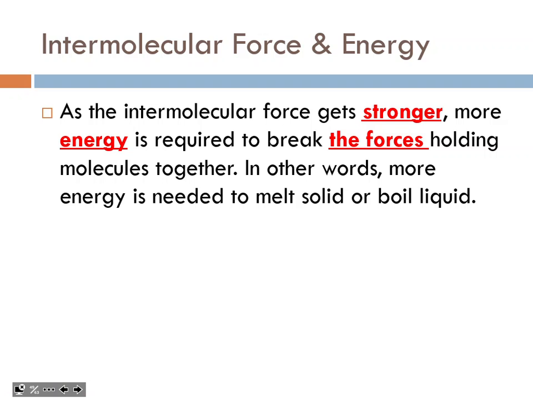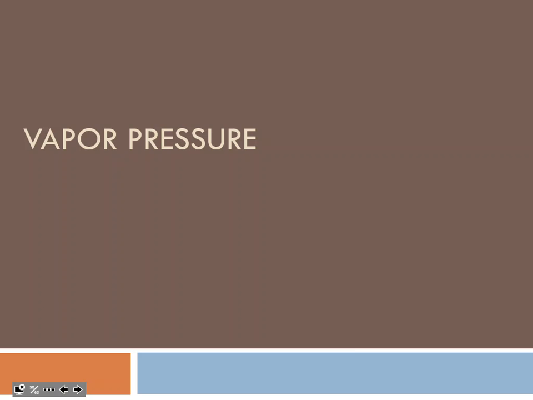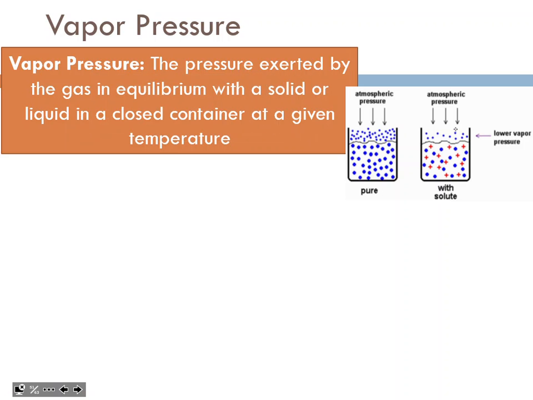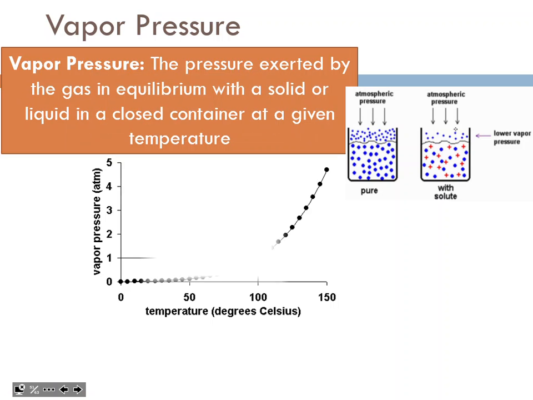It is evaporating and condensing at the same rate. It's in dynamic equilibrium. So as you see here, that little vapor that forms on top of the liquid. Vapor pressure is the pressure exerted by the gas in equilibrium with a solid or liquid in a closed container at a given temperature. You are going to have these vapor pressure curves, and what did they tell you? The vapor pressure curve is going to tell you basically when it can boil or when it's going to boil.